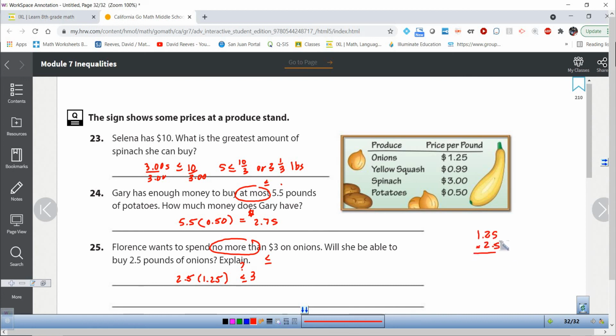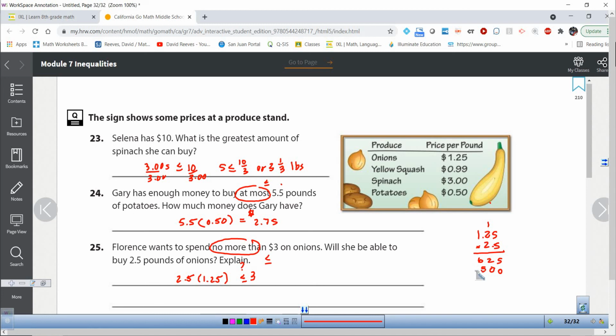Again, if you want to use a calculator, that is absolutely fine. All right, I'm going to do it the old-fashioned way here. 5 times 5 is 25, carry the 2. 5 times 2 is 10, plus 2 is 12. Carry the 1. I get 6. I'm going to put a 0 here. 2 times 5 is 10. 2 times 5 is 10. Carry the 1. 2 times 2 is 4 plus 1 is 5.